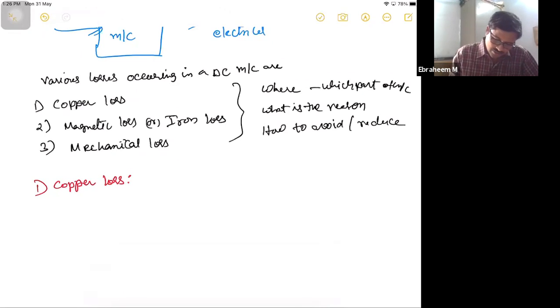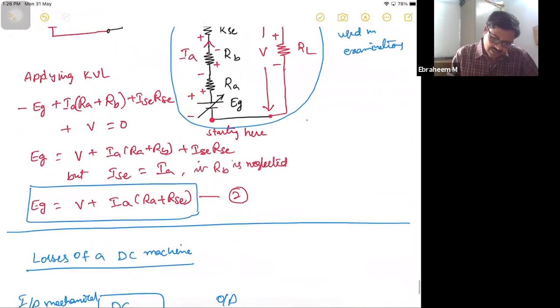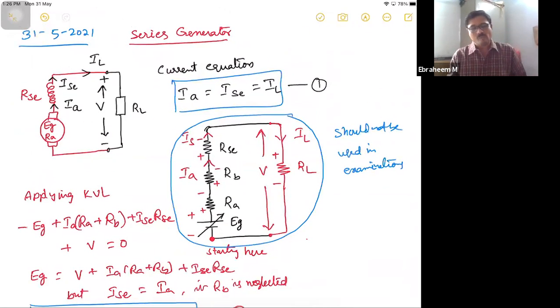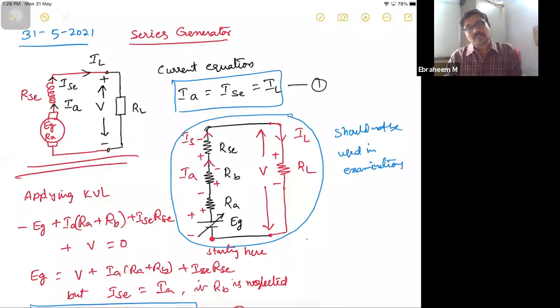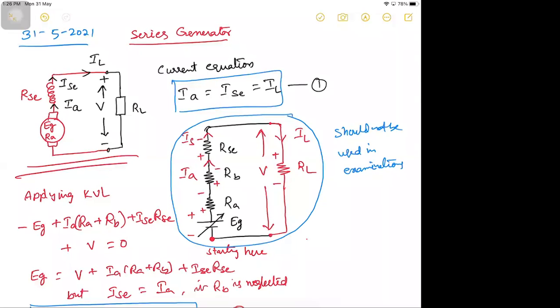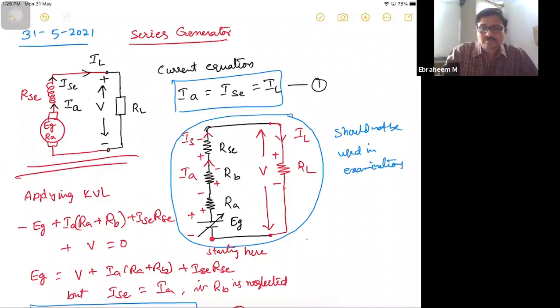For example, in this series generator circuit, what are the copper parts here? Windings. Which winding? Armature winding and field winding. Very good.